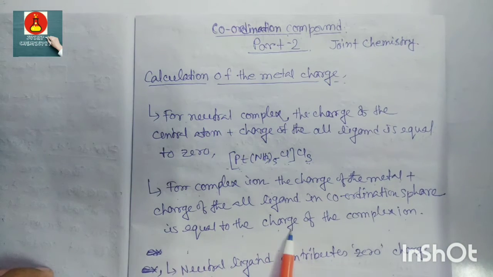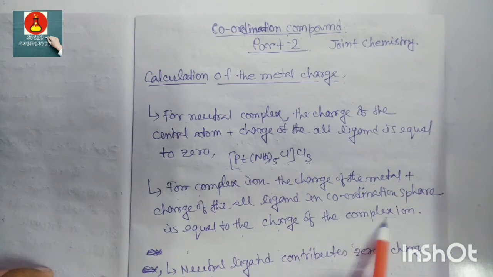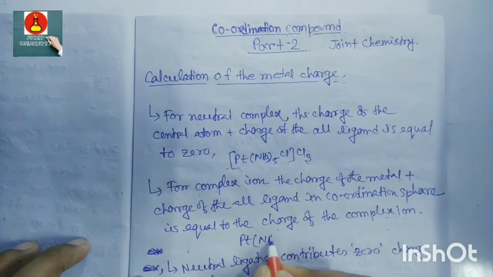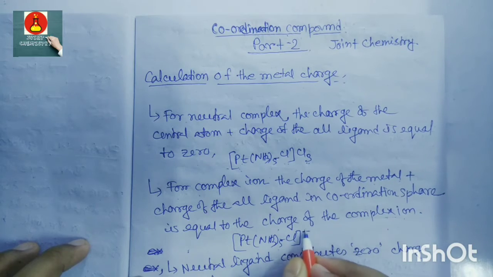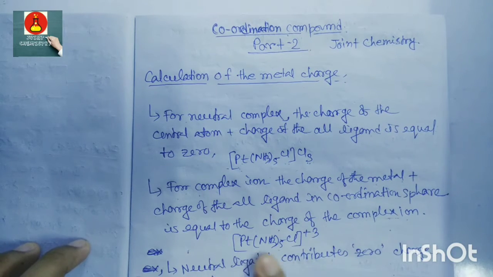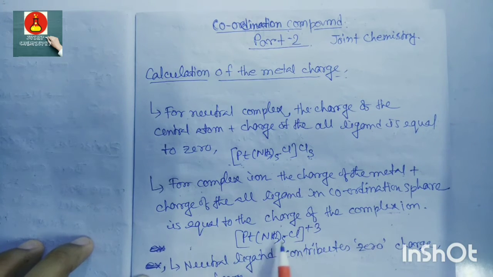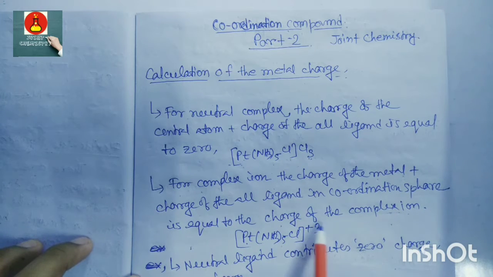Now for the complex ion, the charge of the metal plus the charge of all ligands in the coordination sphere is equal to the charge of the complex ion. For example, this. As we can see, this is a complex ion which has a 3 positive charge, right? Now in this case, the charge of this metal and the charge of all these ligands will equal plus 3, that is the charge of this complex ion.